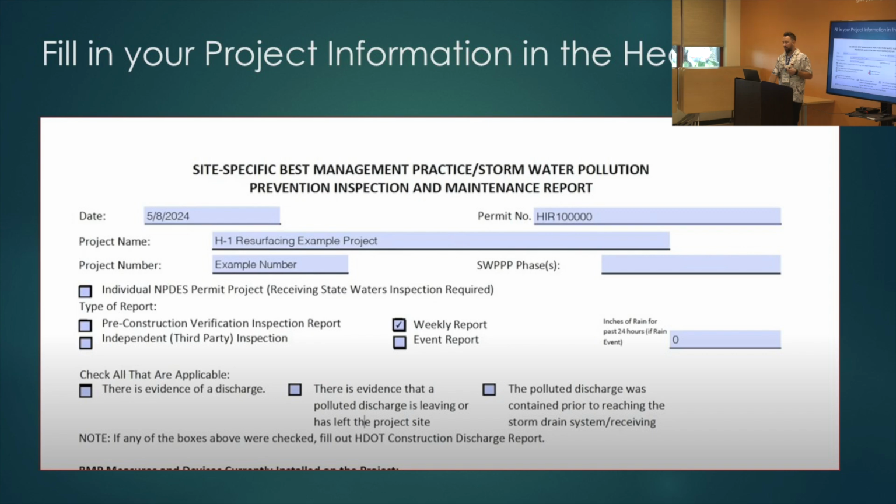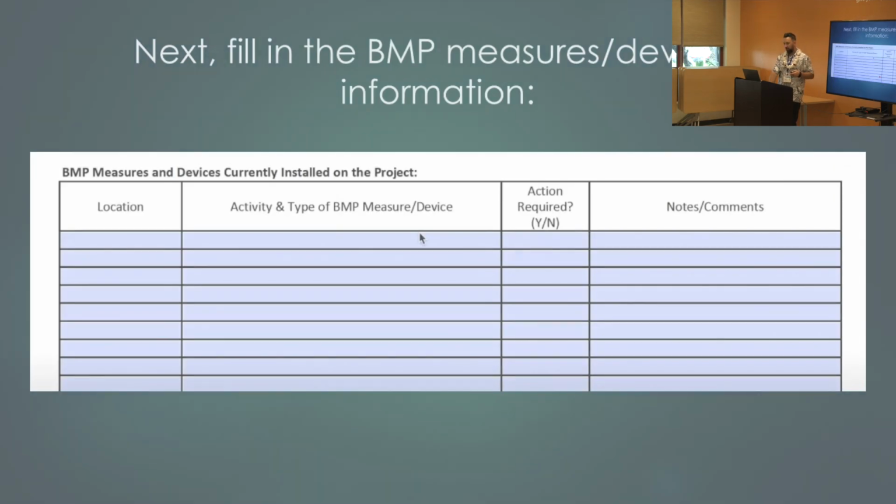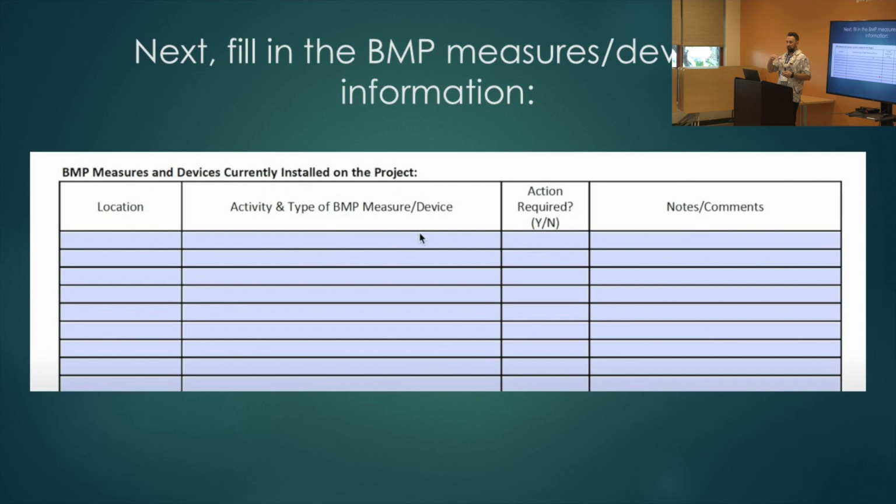You would also have your event report, which is for a rain event. I know a lot of you are probably experiencing that today, as am I. In a rain event, you have to submit it within the next day if it's over 0.25 inches. Just imagine scrolling down in the form, which is what we're doing here.